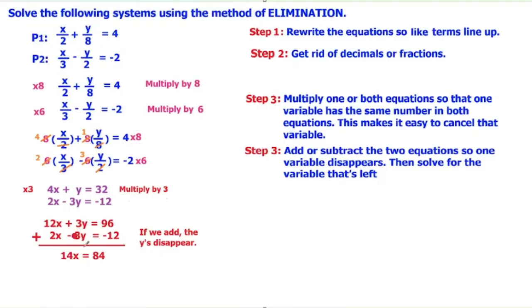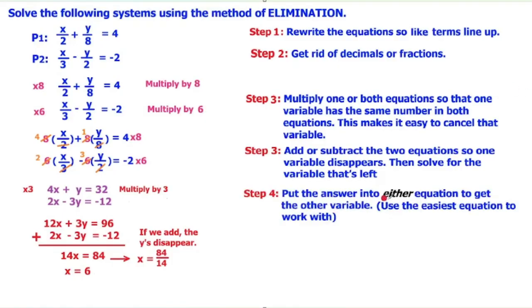This plus this gives us 0. This plus this gives us 84. So now we know that if we divide both sides by 14, we get x equals 84 over 14, and that means x equals 6.